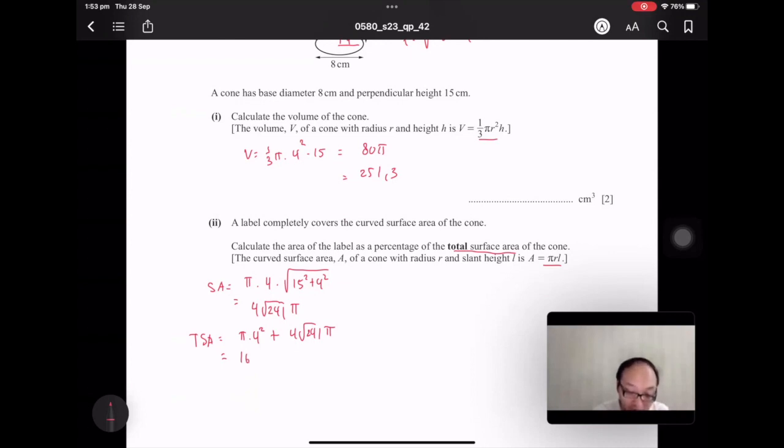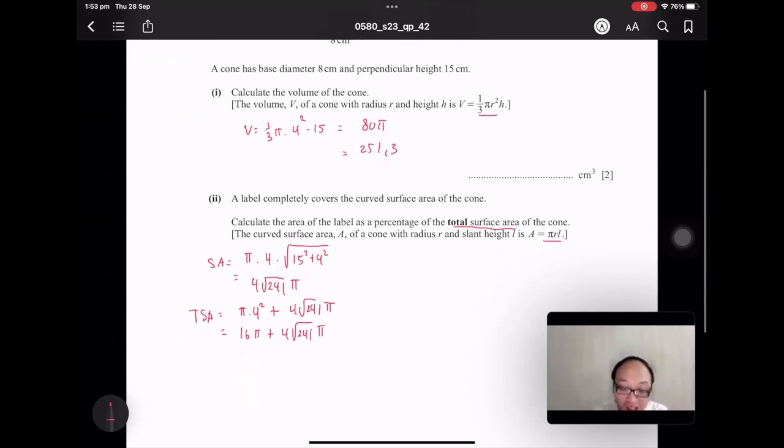So 16 pi plus 4 root of 241 pi. And the percentage, so that means we can just divide 4 root of 241 pi over 16 pi plus 4 root of 241 pi times 100%.